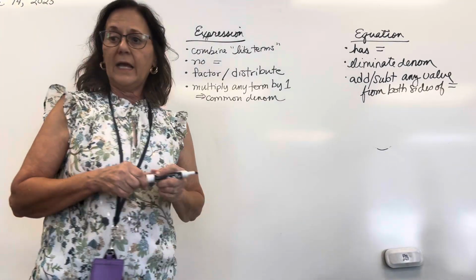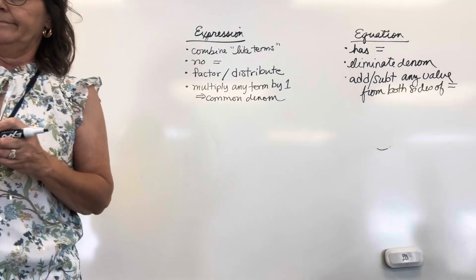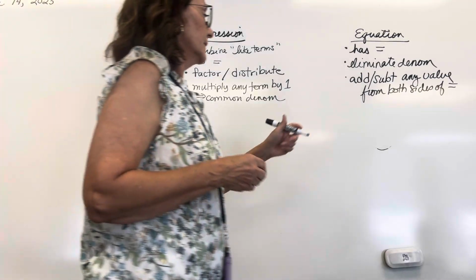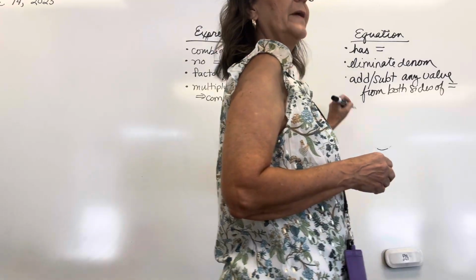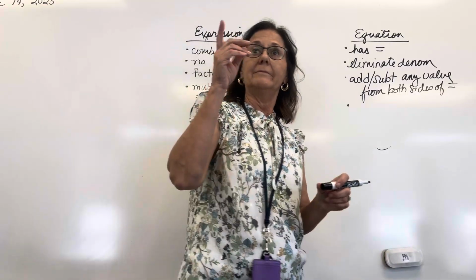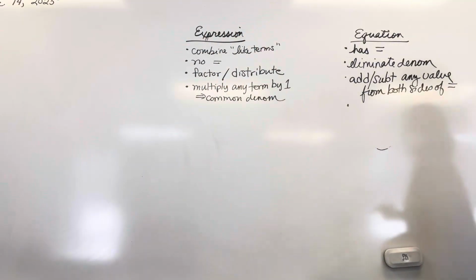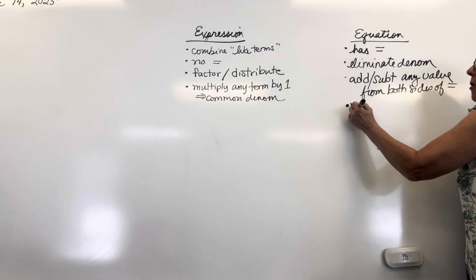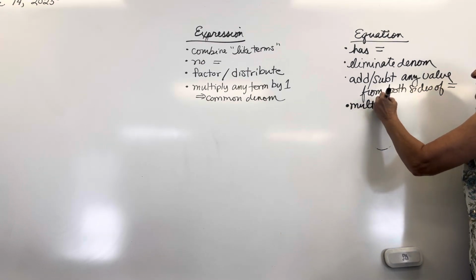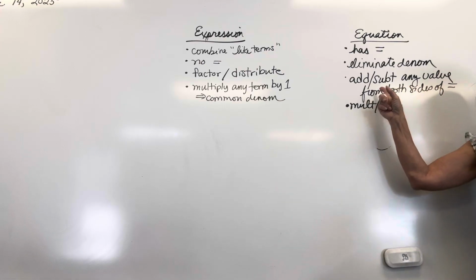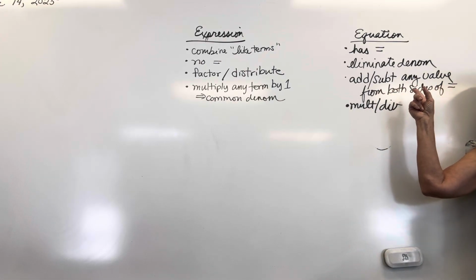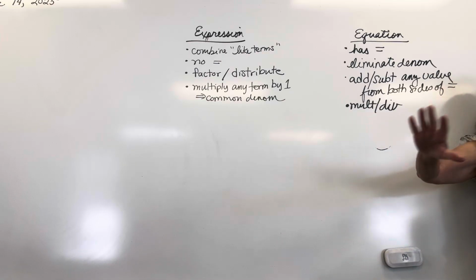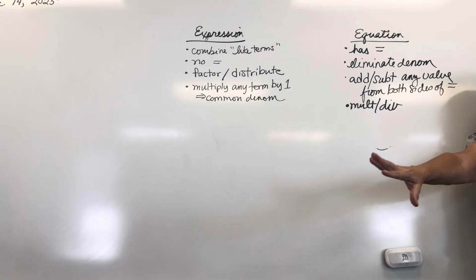All right, what else can I do? What do I have to do with multiplication and division? Yep. You can divide both sides by a certain number. So when I multiply and divide, how is it different from addition and subtraction? To every term in the entire equation on both sides of the equal sign.